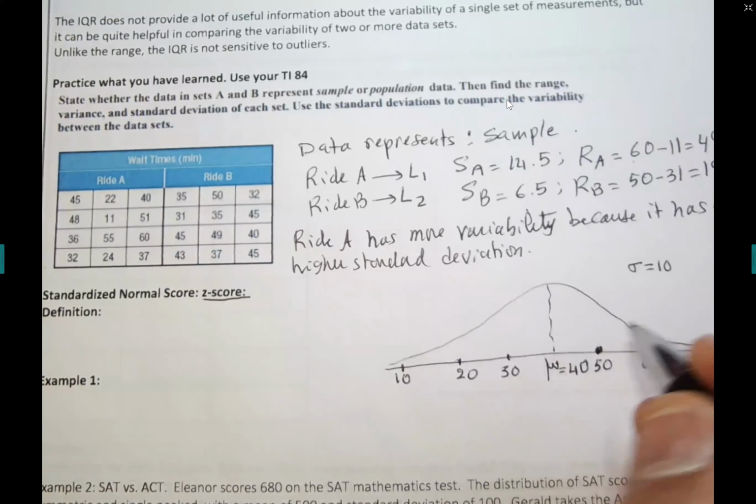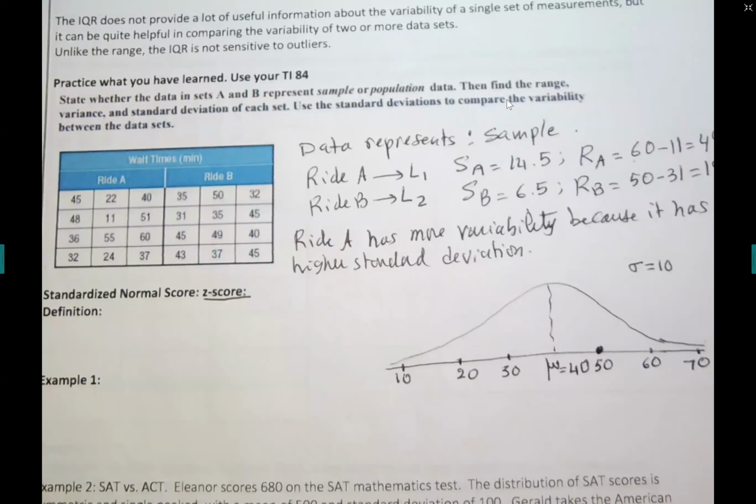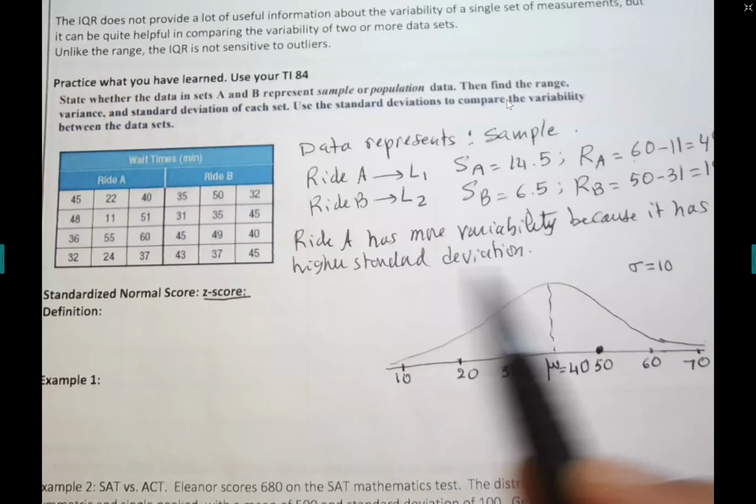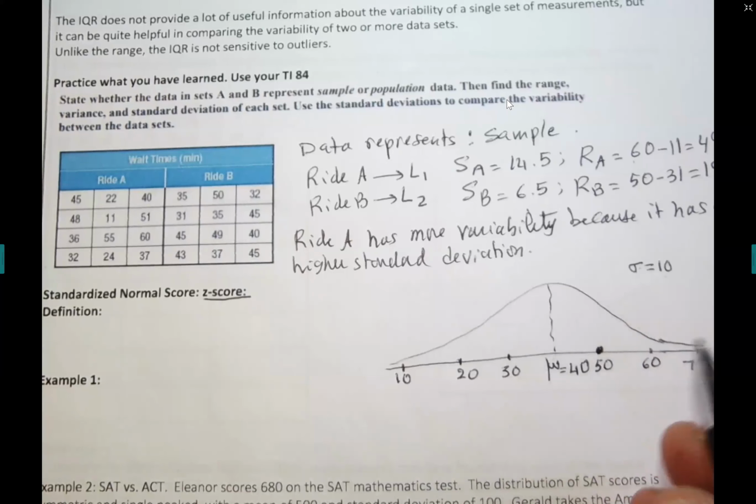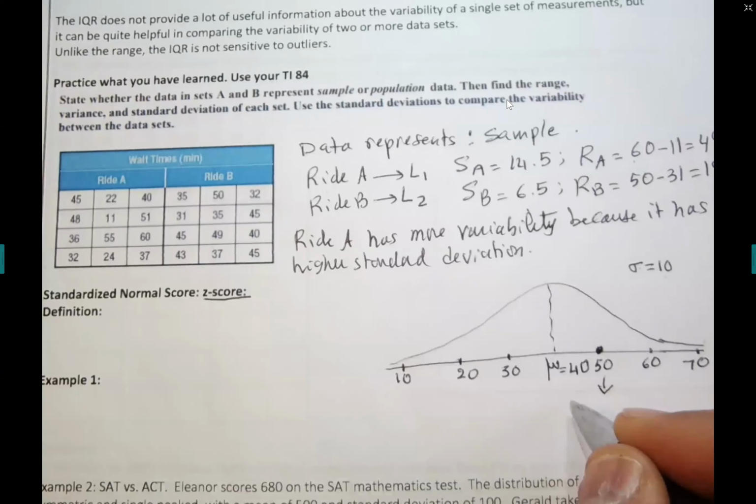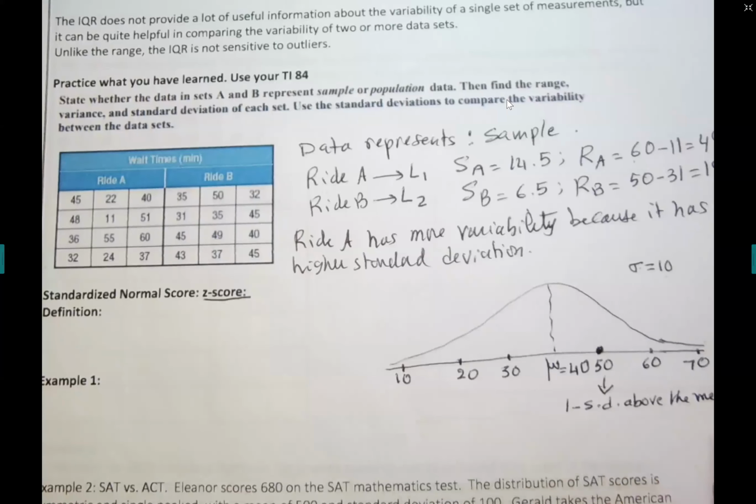What's the difference between 40 and 50? The difference between 40 and 50 is 10. How many standard deviations is 10? Do you guys agree with me that 10 is one standard deviation because sigma is 10? So we can say that 50 is one standard deviation above the mean. Do you guys agree with this statement?